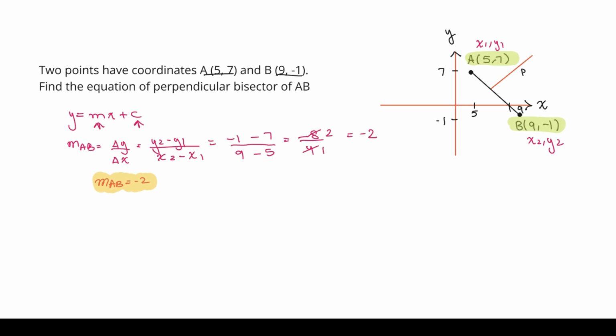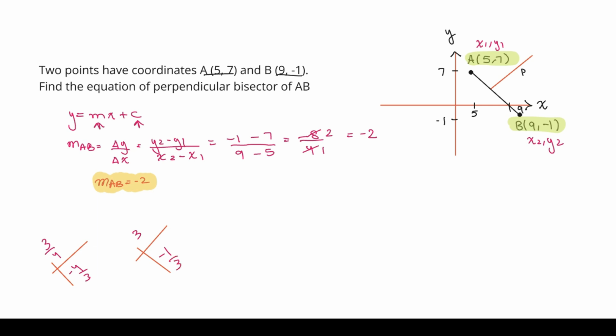Now understand that perpendicular lines have gradient that are negative reciprocal of each other. For example, if you have a line which has gradient 3 over 4, then the line perpendicular to it will have gradient negative 4 over 3. Let's take another example. If you have a line that has a gradient of 3, then the line perpendicular to it will have gradient -1/3.